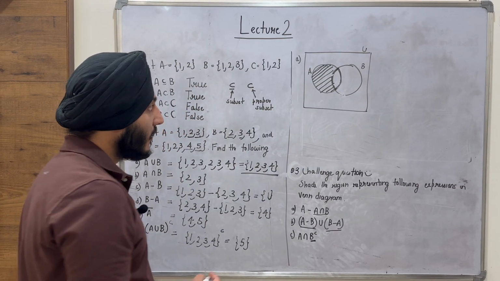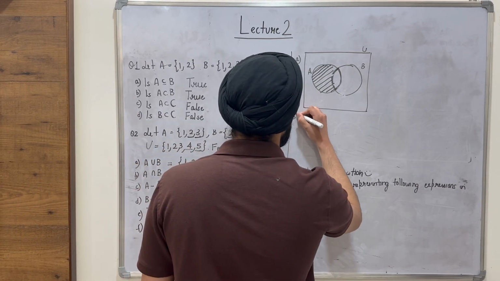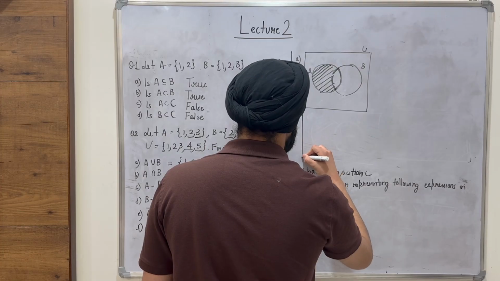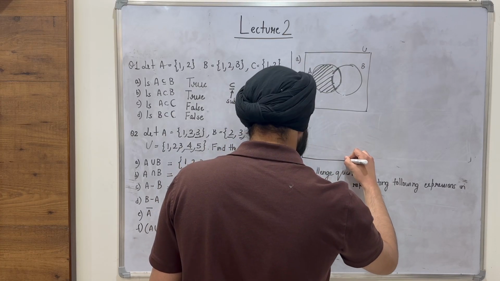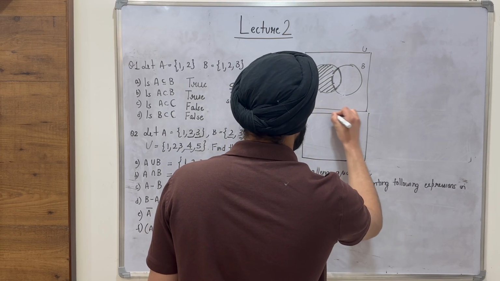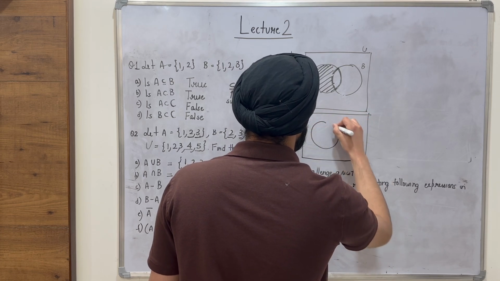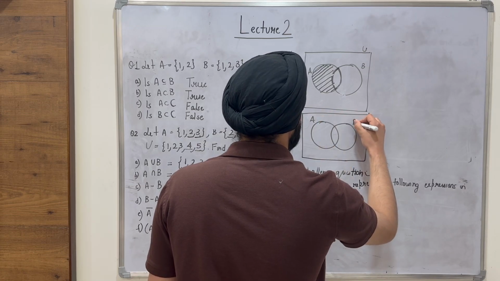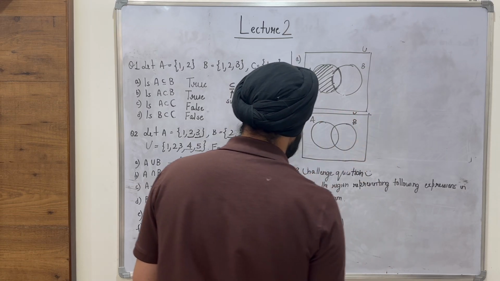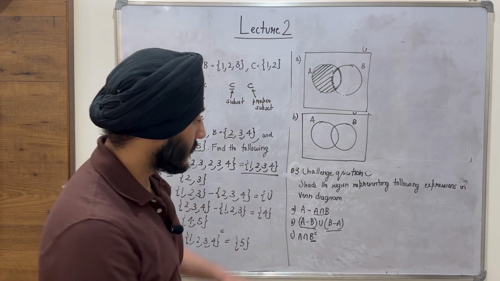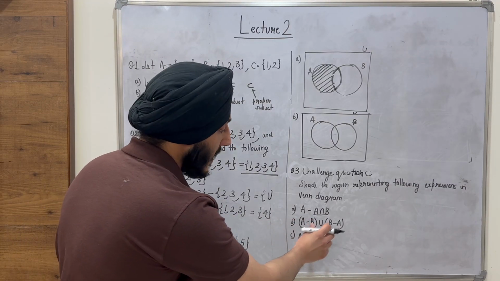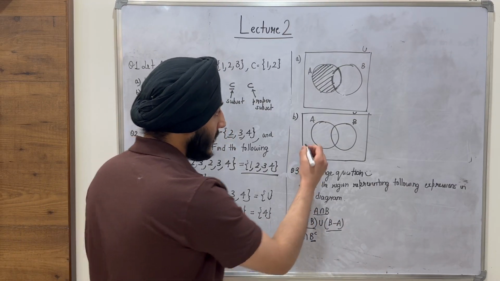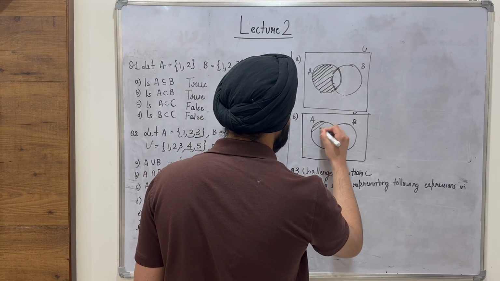Okay, moving on. Let's try to understand the solution to part B. So given A, B, and the universe, right? Let's first try to figure out what is A minus B and B minus A. A minus B is simply going to be this region over here.